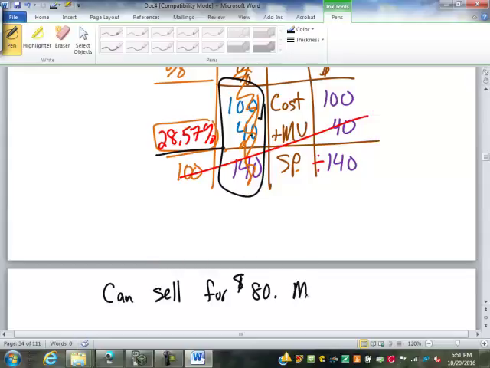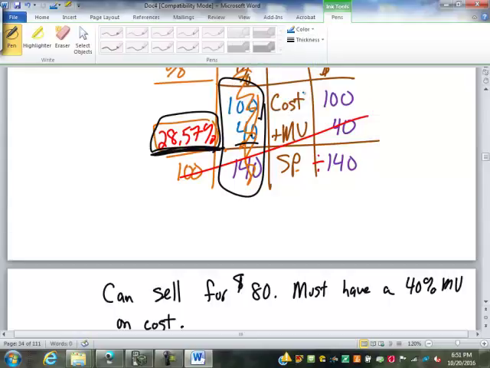You must have a 40% markup on cost in order to cover your expenses and have a reasonable profit. So you could go through this whole mess to find that, or you could look at this and realize, okay, 40% markup on cost is equivalent to a 28.57% markup on selling price.